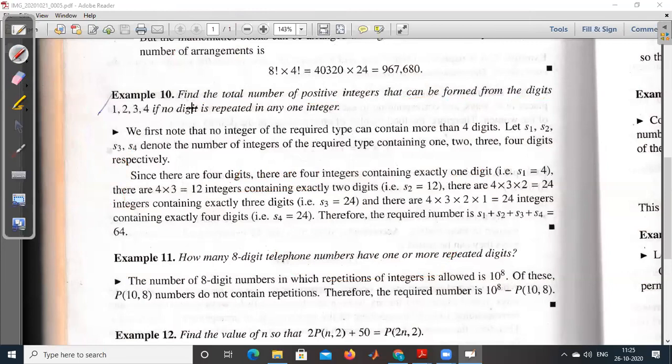Okay, students. So find the number of positive integers that can be formed from the digits 1, 2, 3, 4 if no digit is repeated in any one integer. Okay.